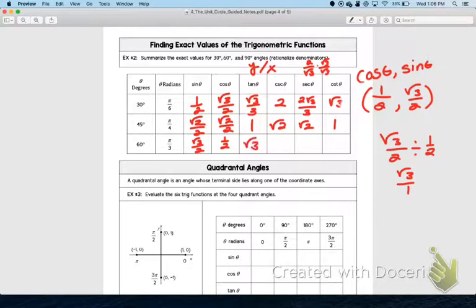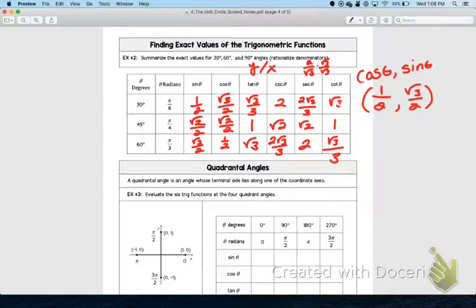So root 3. Cosecant is the reciprocal of your sine, so 2 root 3/3. If you're not getting those in your head, do pause and do it out. Secant's the reciprocal of cosine, so 2. And the cotangent would be the reciprocal of root 3, which would be 1 over root 3, so that would be root 3/3. All right. Good.